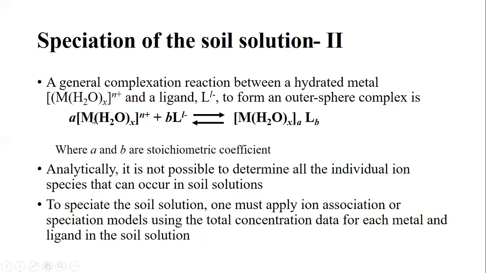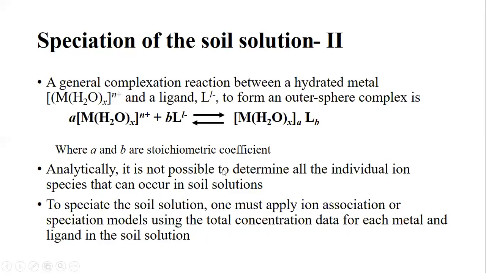The number of atoms on the left side has to equal the number of atoms on the right side. The number of charges, their type and number, on the left has to be equal on the right also. That's why we call A and B the stoichiometric, the balancing coefficients.